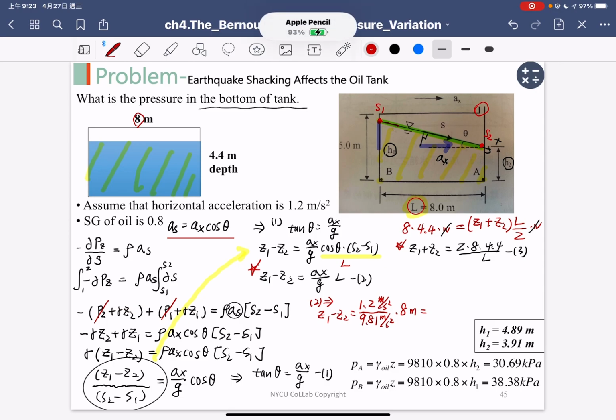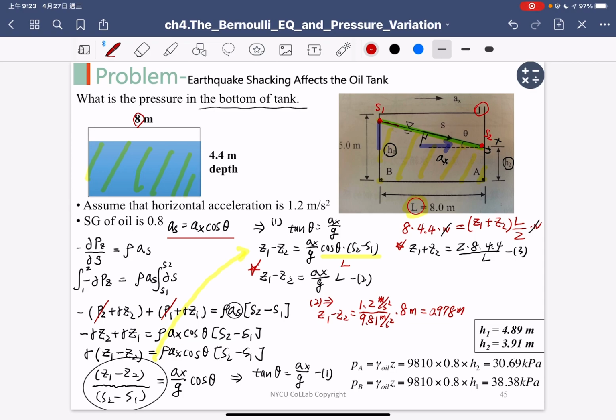Use your calculator to calculate the number: 1.2 multiplied by 8 and divided by 9.81. So it's equal to 0.978 meter.